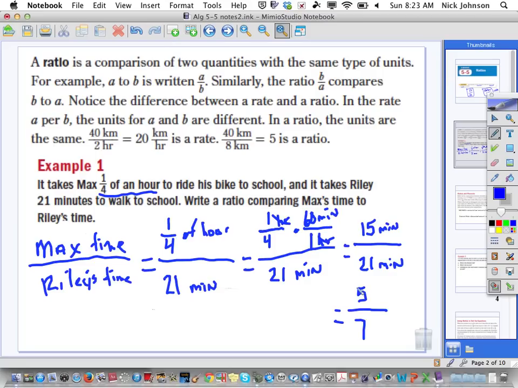Okay? So, it takes Max 5/7 of the time than it does Riley to get to school. Okay?